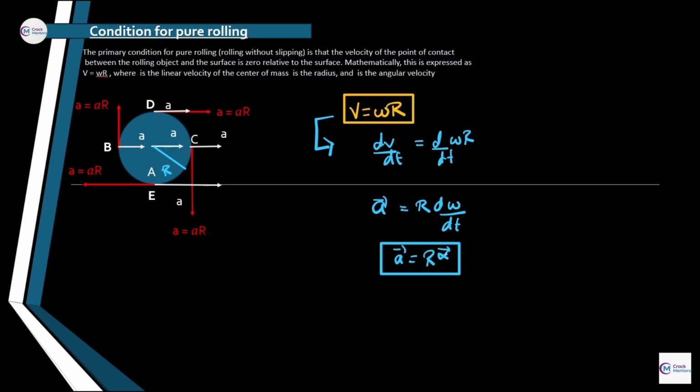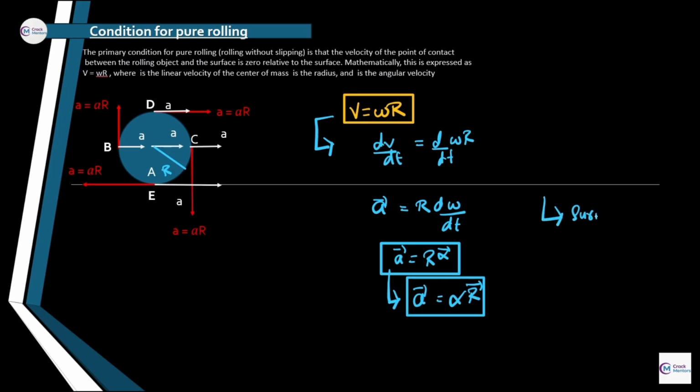It also can be written as acceleration equals alpha cross r, because we know the velocity is equal to omega cross r, and the tangential acceleration is also going to be alpha cross r.